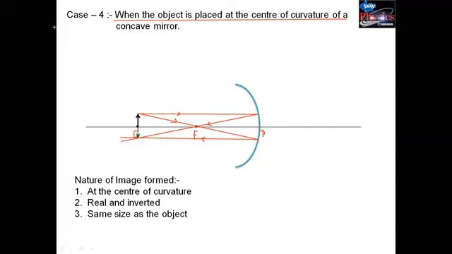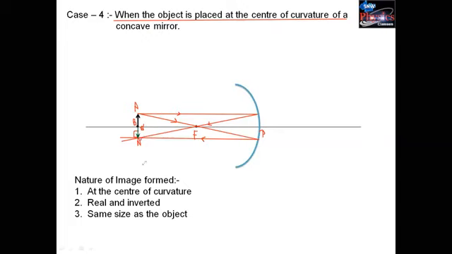Right below the object, this is the formation of our image. Let it be A, and this one is B, and the image formed will be B dash, and this is A dash.